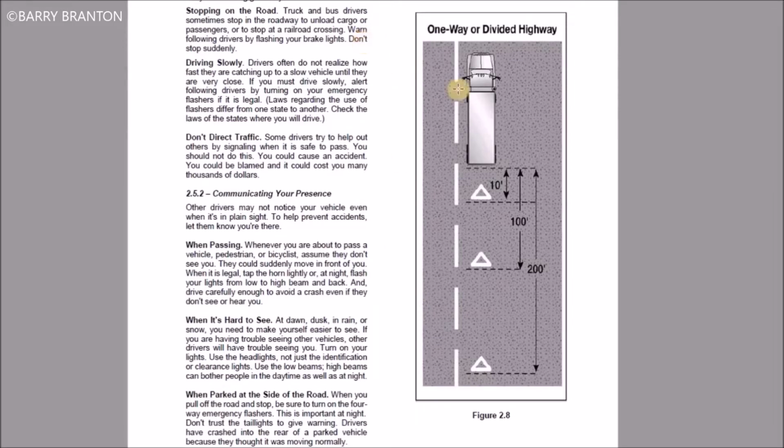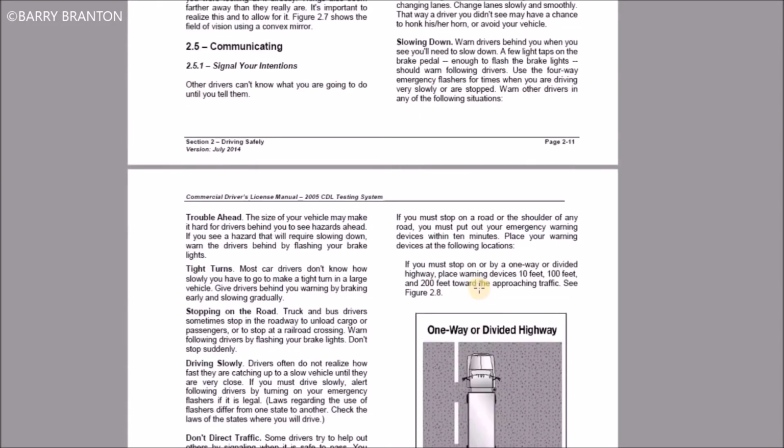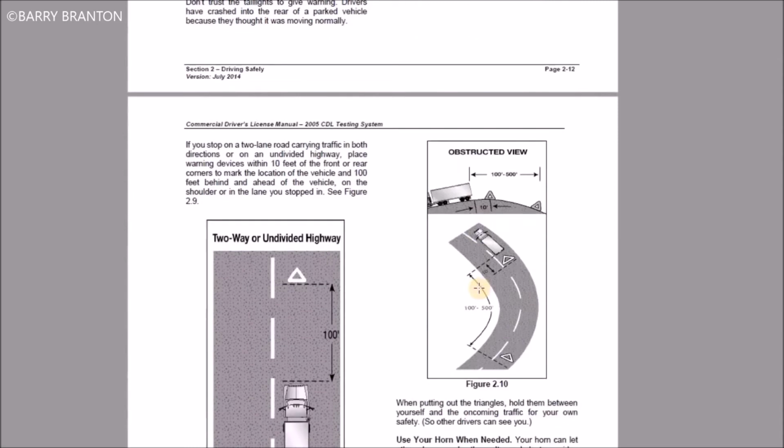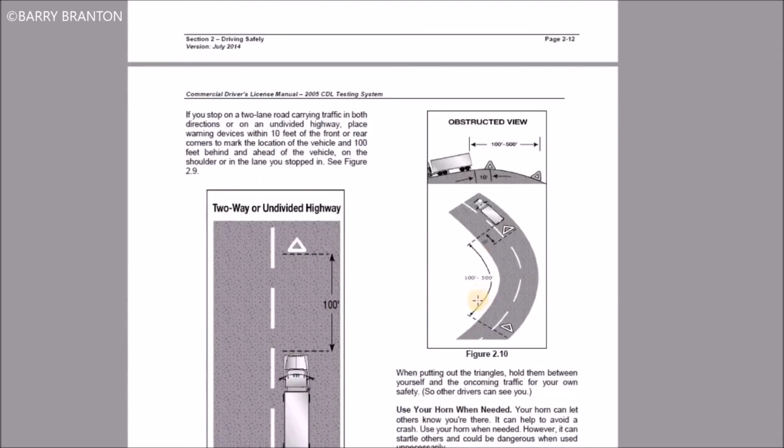And so that's why you have all of the reflectors on the one side. And if you're going to look at an example where you have one at 10 feet and one at 500 feet, this is typically when you have a hill or a curve, and that's because of the obstructed view.